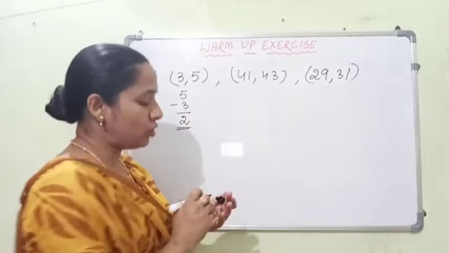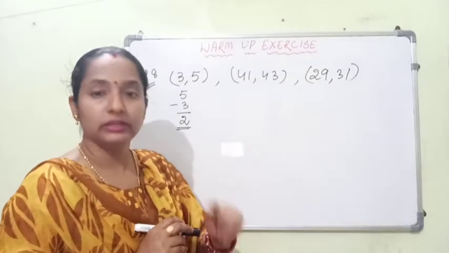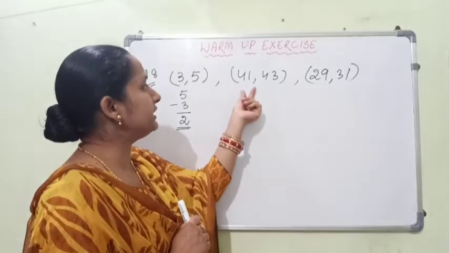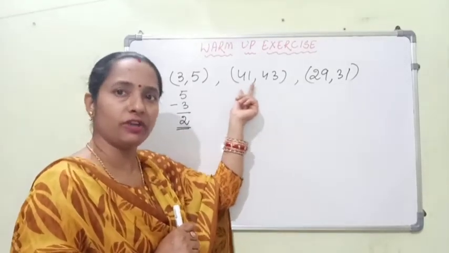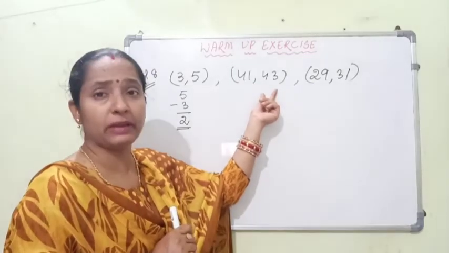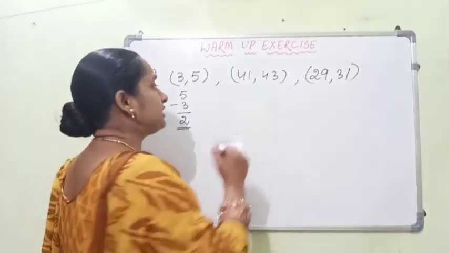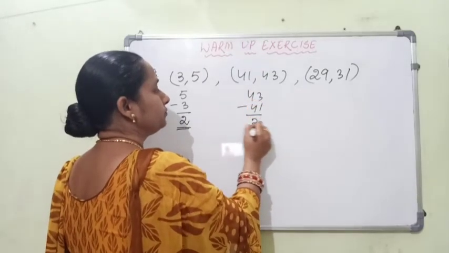Here is one more pair of twin prime numbers I have chosen from the given set of numbers, that is 41 and 43. Both are prime numbers. 41 is a prime number and 43 is also a prime number, where the difference between them is 2.